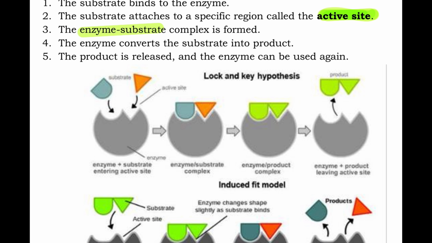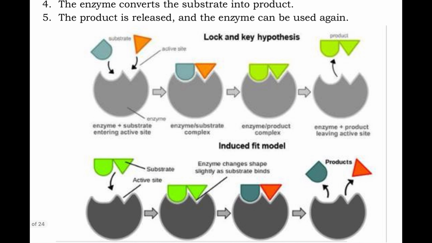The enzyme converts the substrate into the product, the product is released, and the enzyme can be used again. Ito yung sinasabi natin kanina na hindi siya nagagamit, hindi siya nababawasan, but it can be reused over and over again.